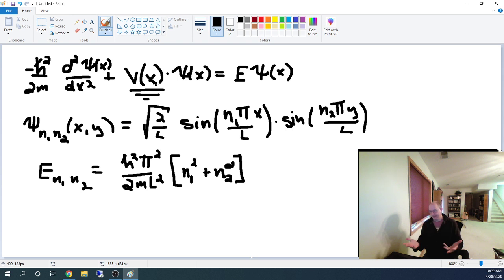This is obviously with an eye towards solving the hydrogen atom problem, because the potential energy between an electron and the nucleus at the center is k q squared over r, or k e squared over r, where r is the separation between the two. It doesn't matter what angle it's at; it just matters how far they're separated. So that's one type of potential where V only depends on the separation.